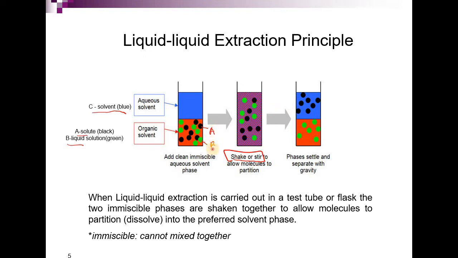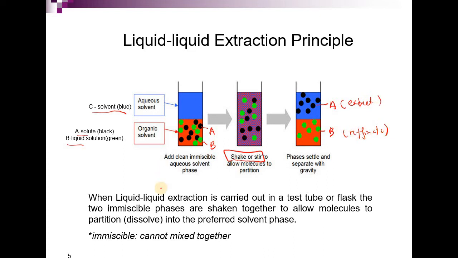A prefers to dissolve into solvent C, so C will extract solute A, and it will be left with solute B. So this is what we call extract, and this is what we call raffinate.